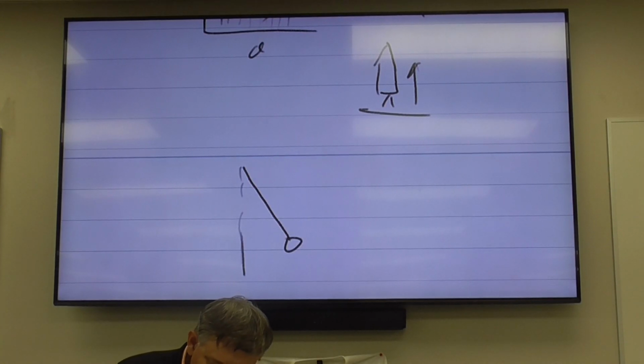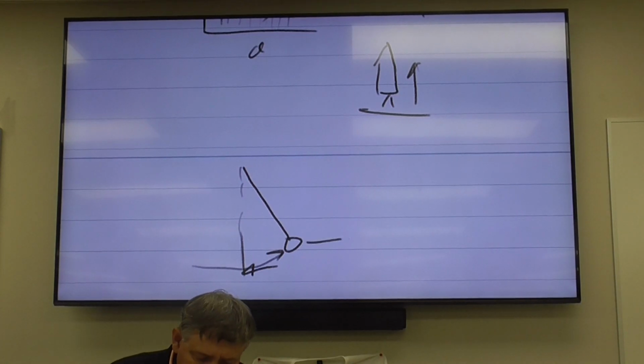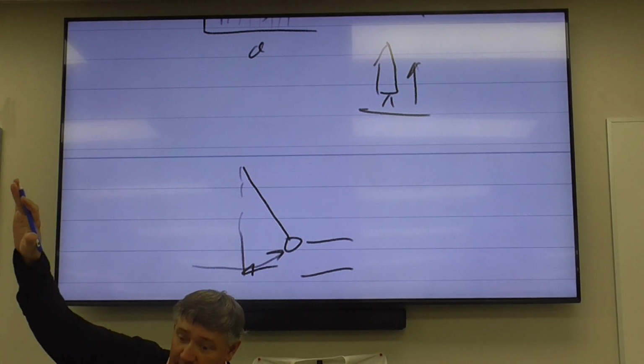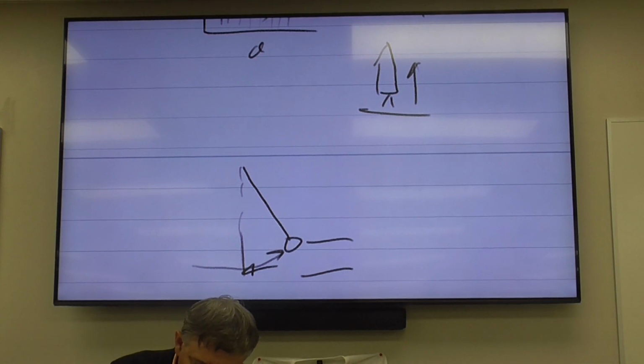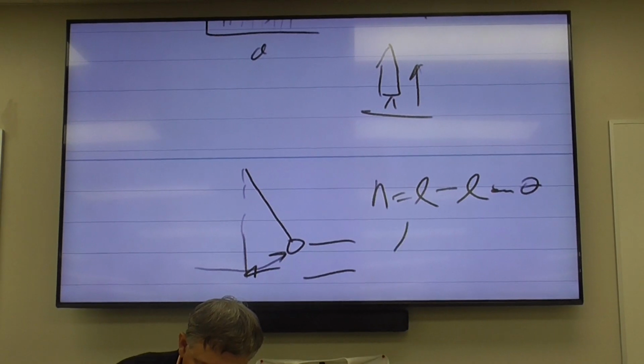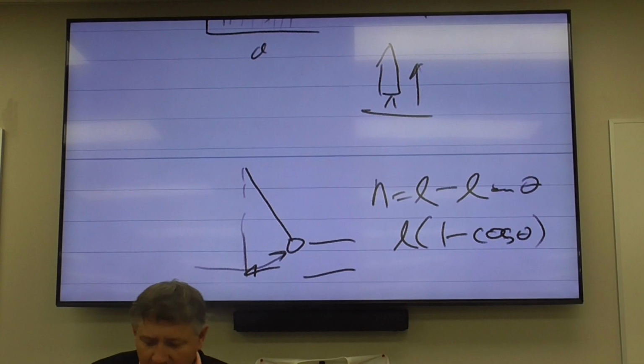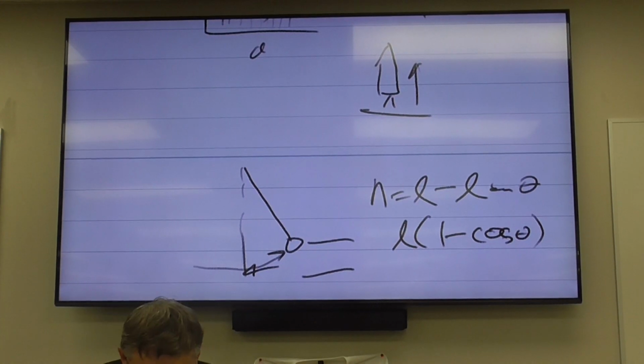When something swings up in an arc length like this, to calculate the UG, you need the height. But it's on an arc. So what this gives you is H equals L minus L times cosine theta. Sometimes you'll see this written as L times 1 minus cosine theta. If you want to factor out an L, it's a personal preference thing.